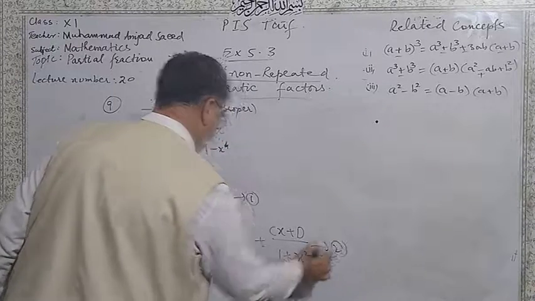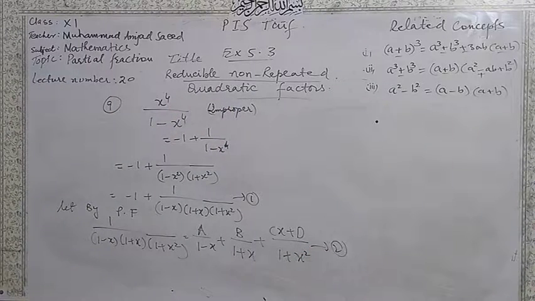Two constants for the second order term. This is equation number 2. Cx plus d. Multiplying by LCM.